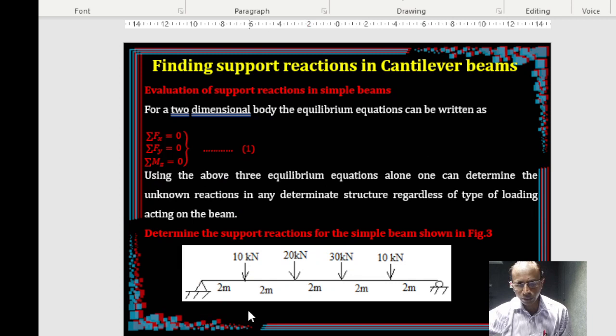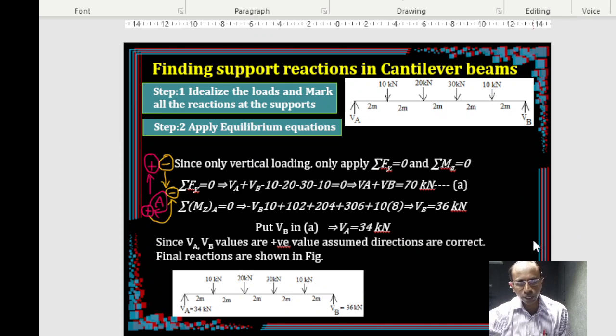How many supports are given, that many support reactions. We have that knowledge from the first chapter, how to mark the support reactions for different kinds of supports. A hinge has two reactions, a roller has a single reaction normal to the surface. Similarly, a fixed support will have all three reactions, that is vertical, horizontal and couple, or moment.